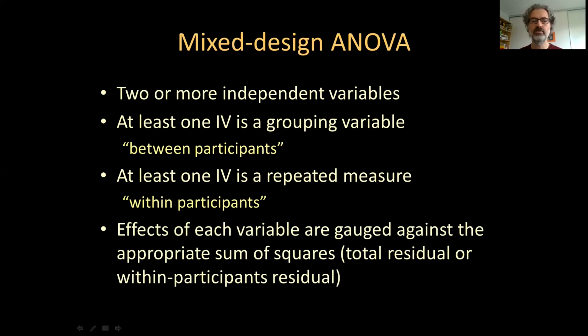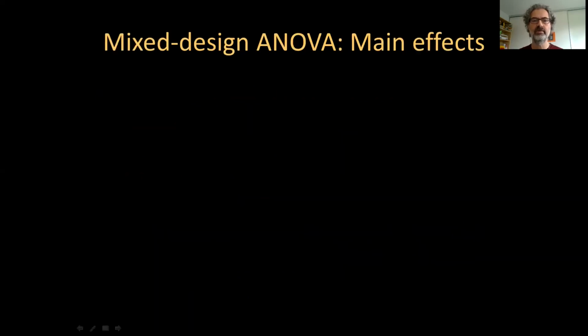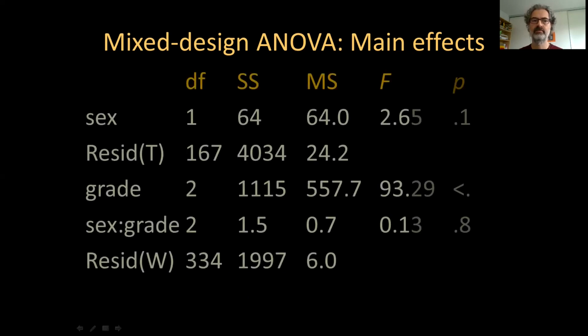I'm not going to show you any calculations, just going straight to the ANOVA table as you will see it reported in an analysis program, starting with the main effects. Remember, the main effects are the average effects of the factors, so the effects of each factor on average over all levels of all the other factors.